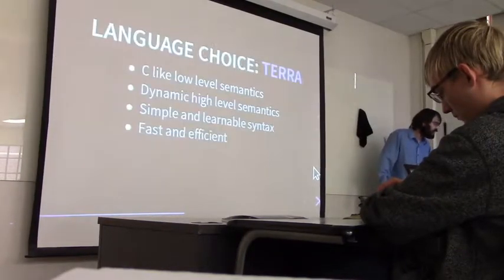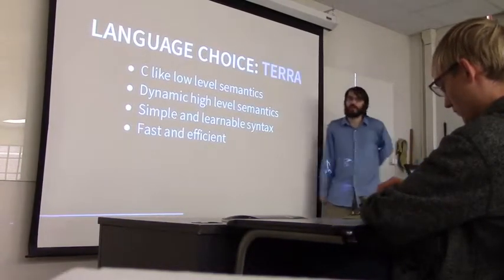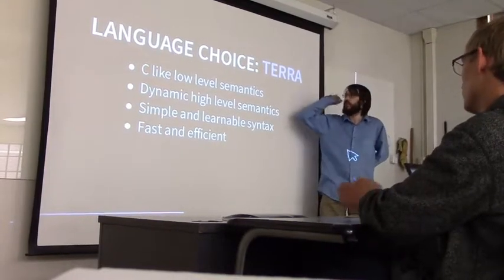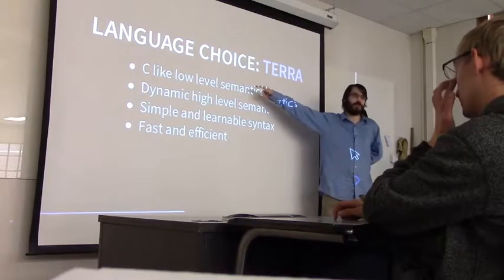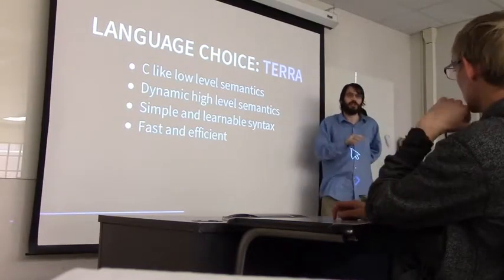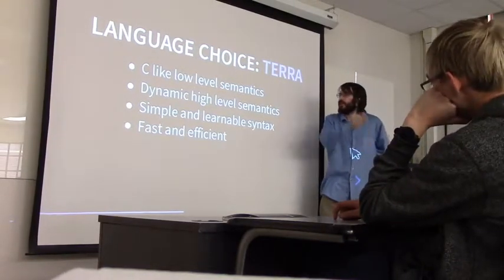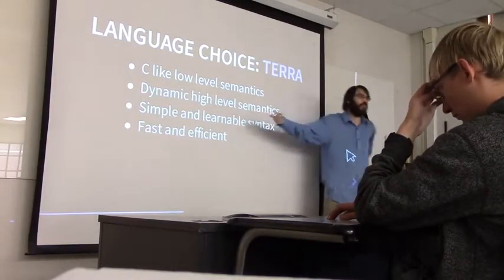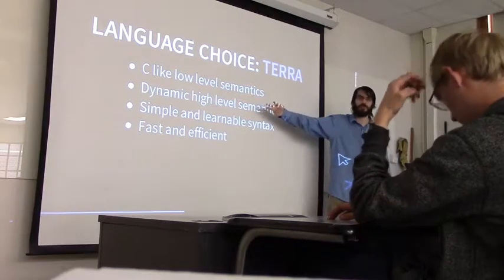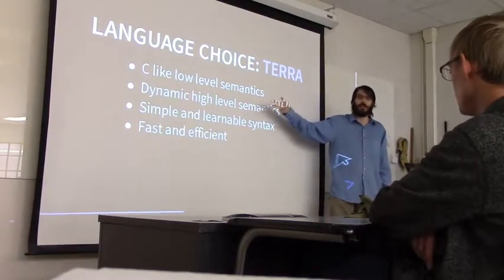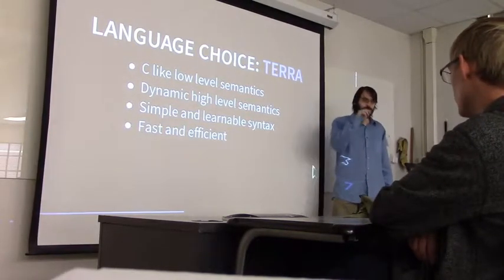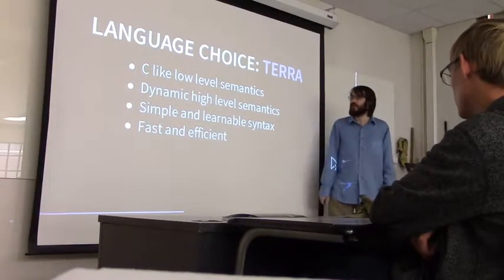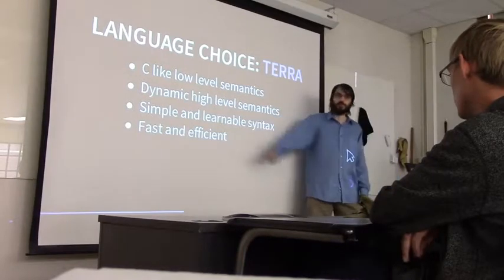So, language choice. The rest of this presentation is going to be using Terra as the language of choice, because it has C-like low-level semantics, so it should be familiar to you guys when we're working with it. It has high-level semantics that act like a dynamic language, which is a whole lot more convenient for throwing code together than if you have to nursemaid pointers around through everything transforming your trees. Simple and learnable syntax.